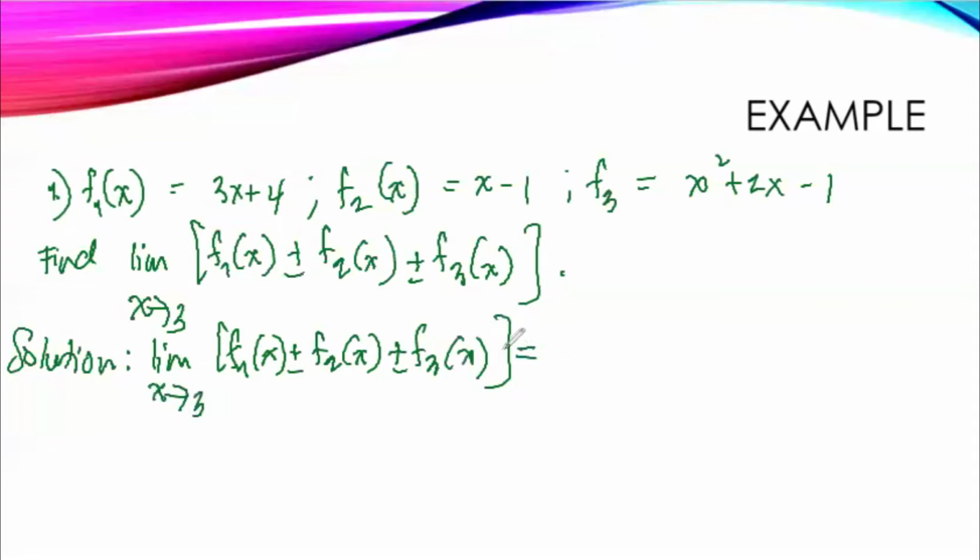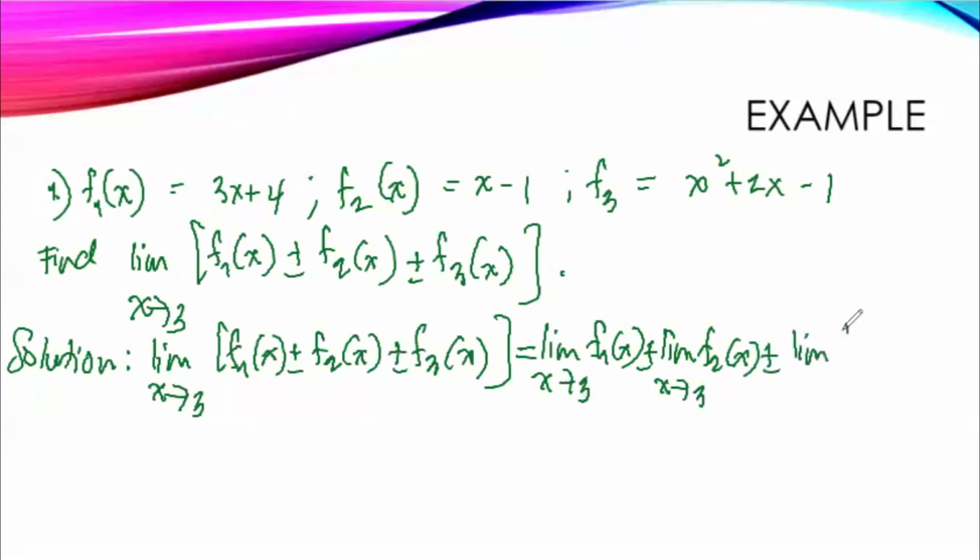By applying the previous formula, the sum and difference of n functions, we can have the limit of f sub 1 of x as x approaches 3 plus or minus the limit of f sub 2 of x as x approaches 3 plus or minus the limit of f sub 3 of x as x approaches 3, right?